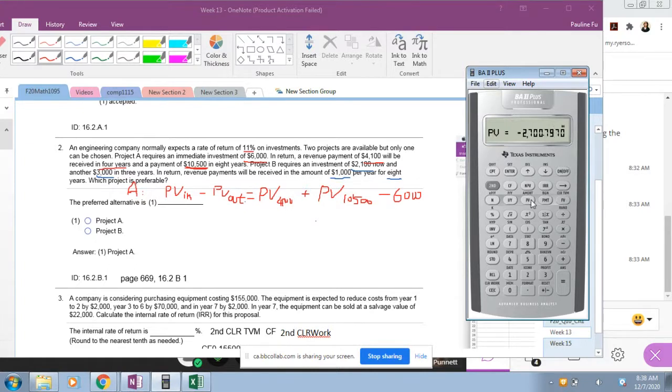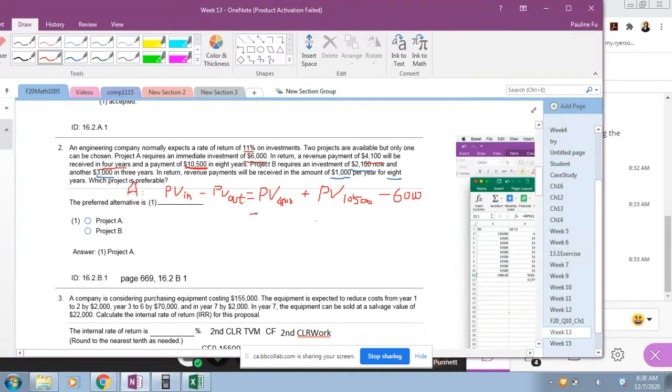Compute present value. Now I will write down 27.79. So this is the present value for 4,100.